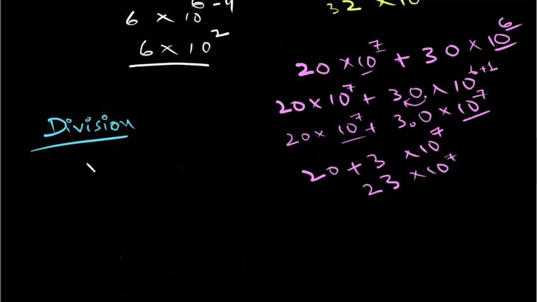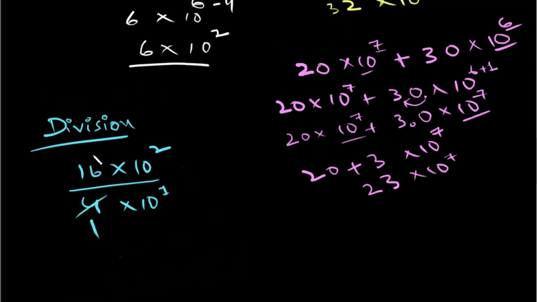Suppose I have two numbers. Let's suppose 16 exponential 2 and, to make it simple, let's suppose 4 exponential 10 to the power 1. What I can do is cancel out the denominator and the numerator. 16 divided by 4 is 4, and this power will be subtracted from the exponent of the numerator.